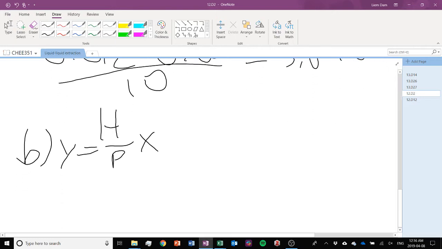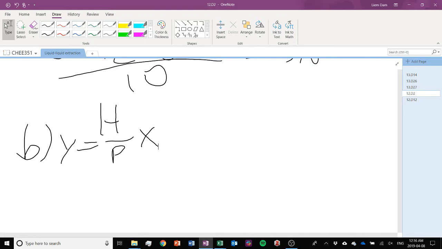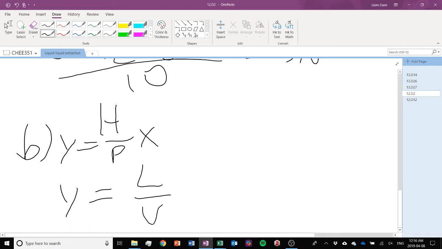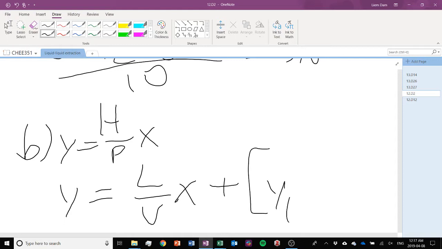Just to remind you, the operating line equation is Y is equal to L over V times X plus Y1 minus L over V X0.